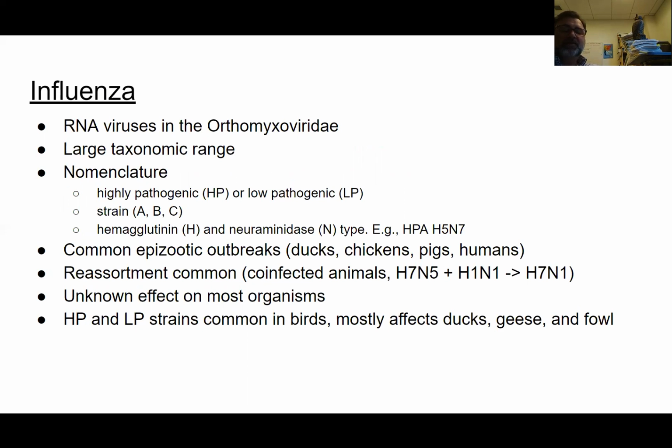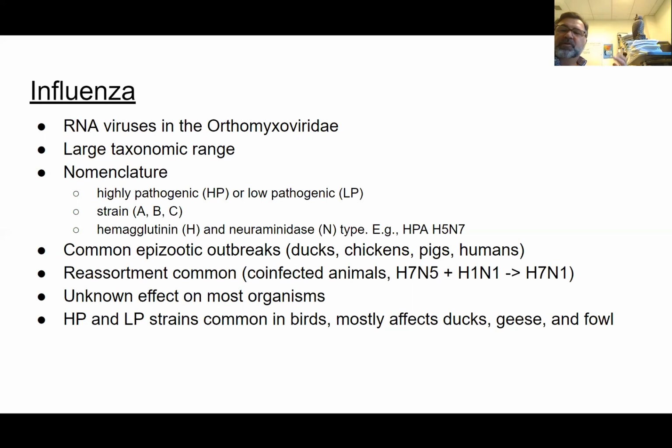It has a large taxonomic range, so its host range is very large, so lots of organisms can be infected by influenza. The nomenclature, by the way, is based on whether it's highly pathogenic or low pathogenic, so HP or LP you'll see out there. Add in the strain, so there are 3 strains out there, okay, A, B, C.